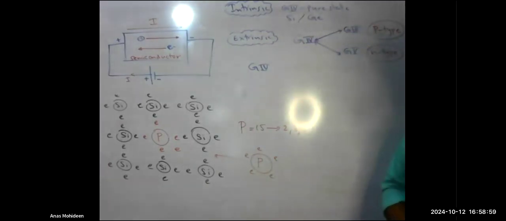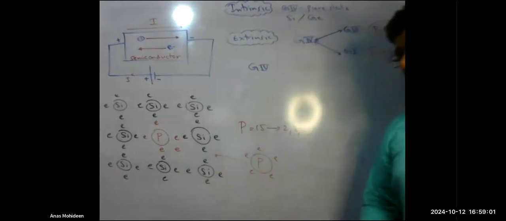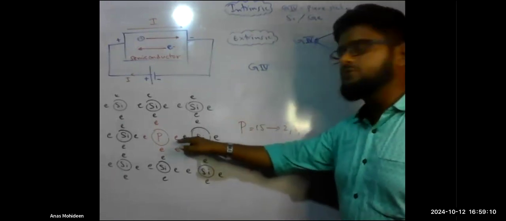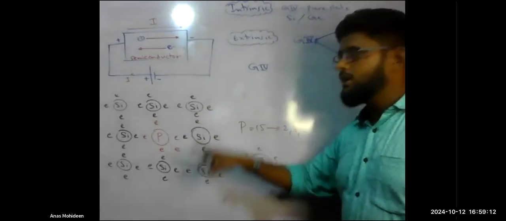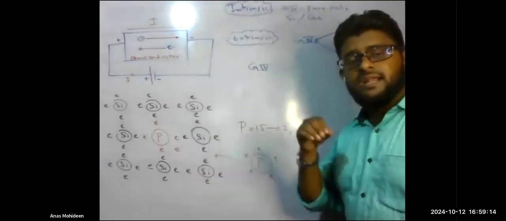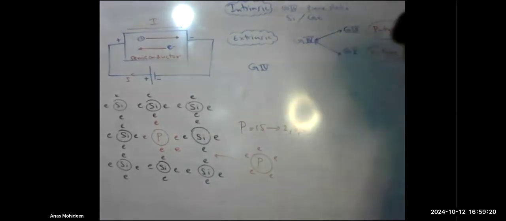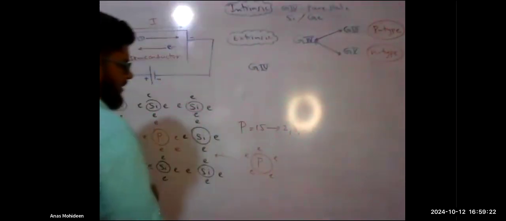Donating the electrons, they give negative charges into the setup. So this extrinsic semiconductor becomes negative type, N-type extrinsic semiconductor. Clear? This is how N-type forms.